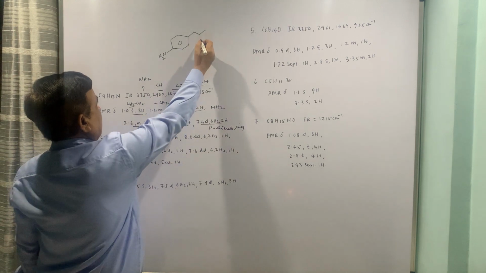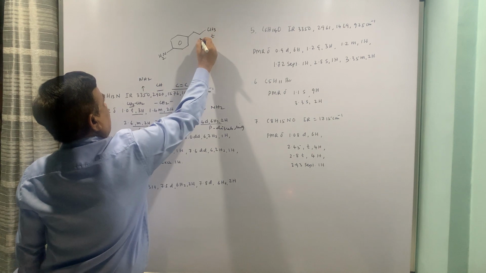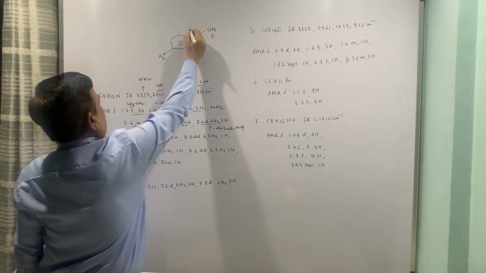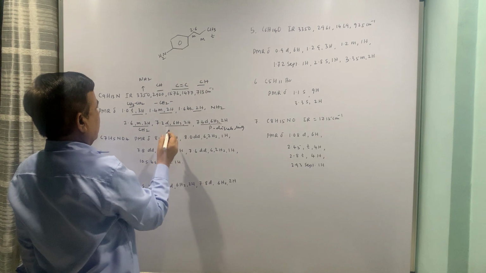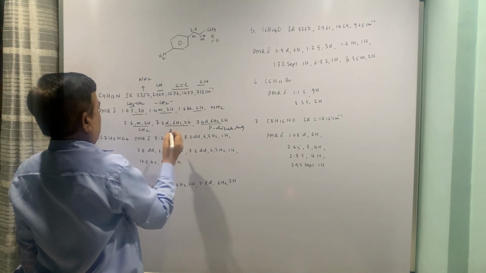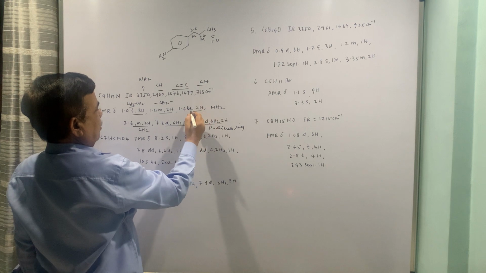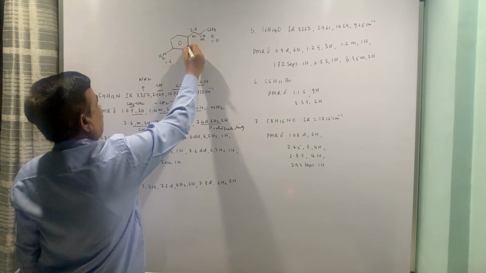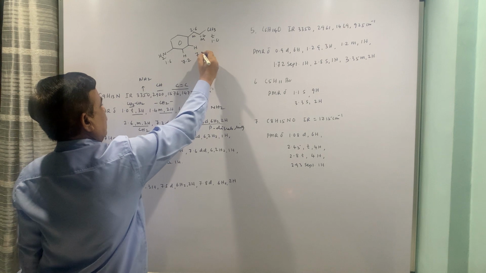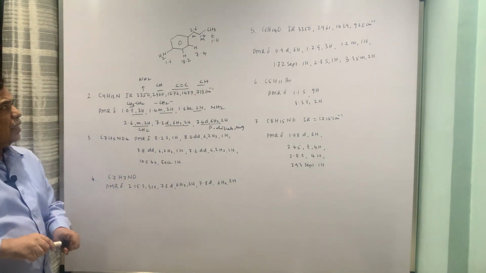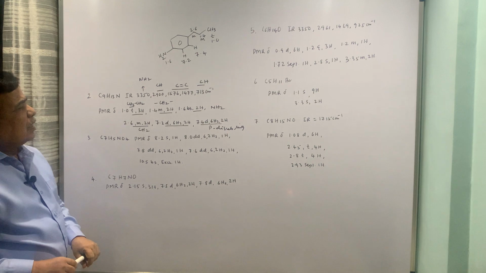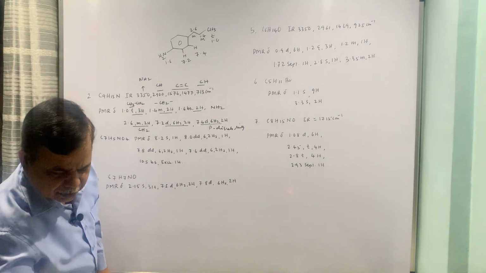So CH3 has a triplet, this has a multiplet, this is 2.6 multiplet, the values I am putting 1.4 multiplet, 1 delta triplet, then 1.6 for this, 7.2 for this because this is a donor, 7.4 because the other alkyl donor is there, but this is a stronger donor than the alkyl group, so naturally this will have lesser chemical shift, or these protons are more shielded in other terms.